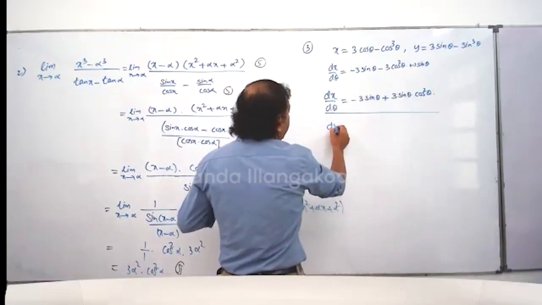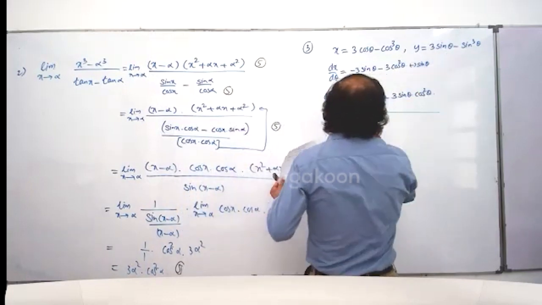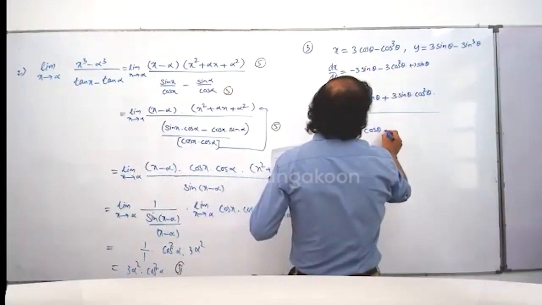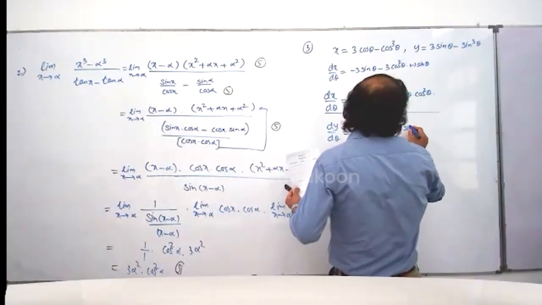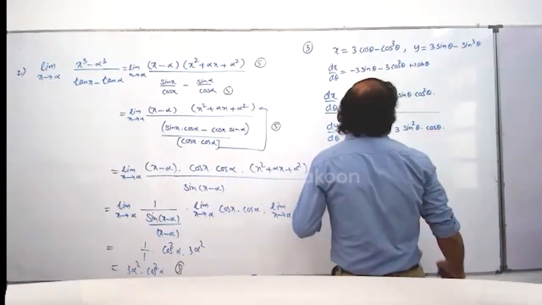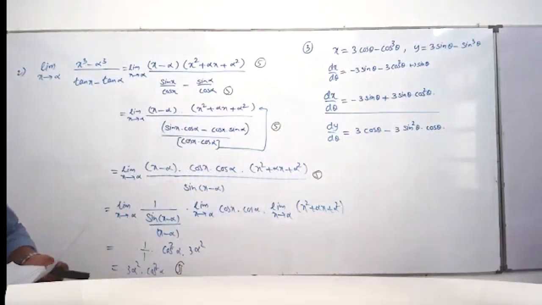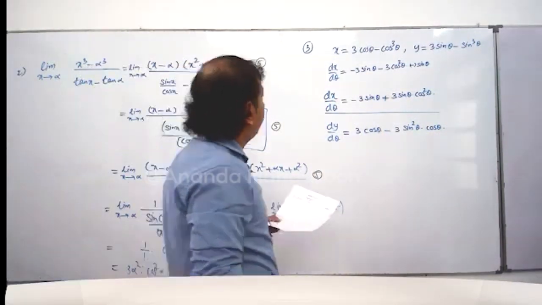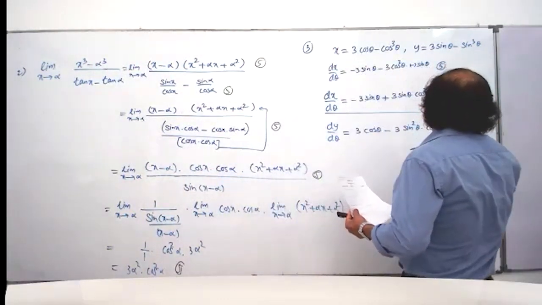Now dy by d theta: here 3 cos theta, then first we differentiate this power 3, 3 sine square theta, and the derivative of sine is cos theta. Now it is asking to find dy by dx. The marks come in for this, 5 marks, this 5 marks.